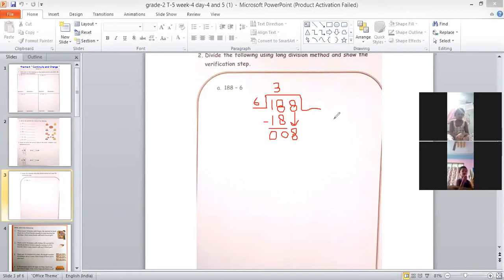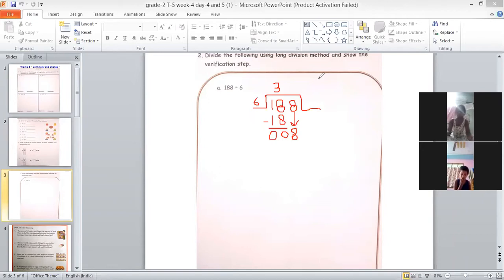Anik, can you tell me a number in the 6 table which is smaller than 8 and nearest to 8? Yes, ma'am. Tell me. Anik, I'm waiting. 7, ma'am. Very good. We will get 7 in the 6 table, right, Anik?